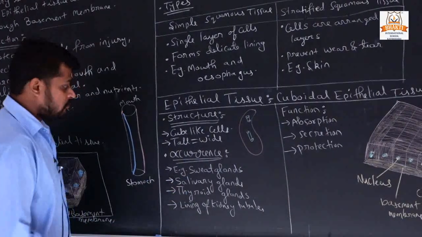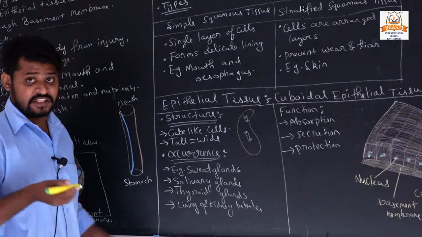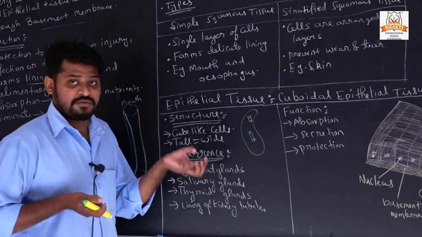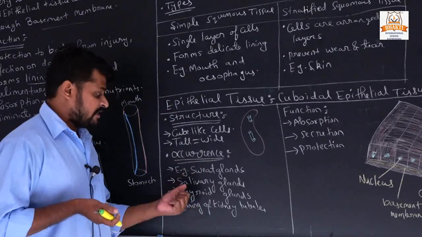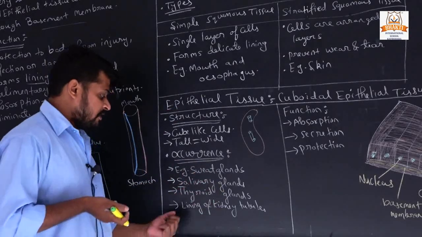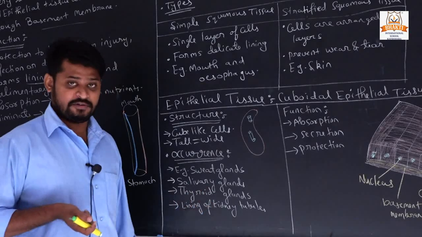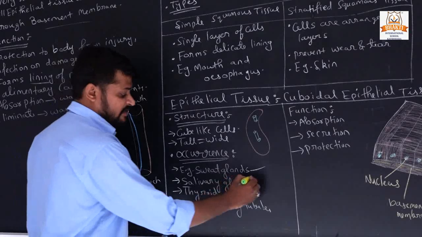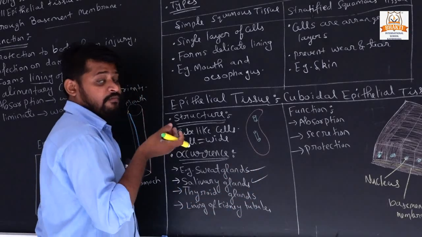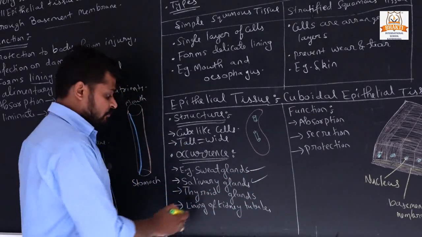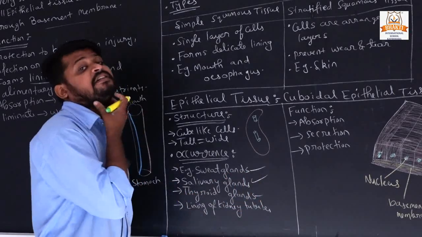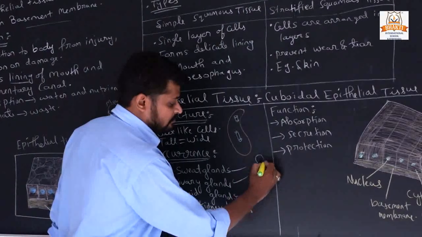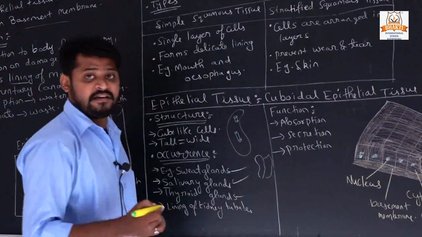Where is it found? In sweat glands, salivary glands, thyroid glands and the lining of kidney tubules. Sweat glands are where the sweat in our body comes from, salivary glands are where saliva comes out, and the thyroid gland is present in the neck and is butterfly shaped.